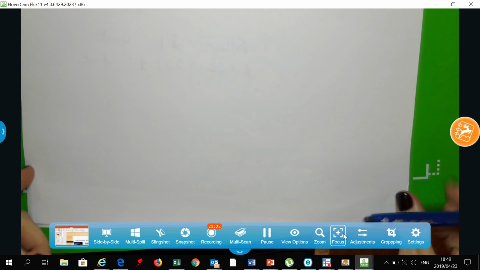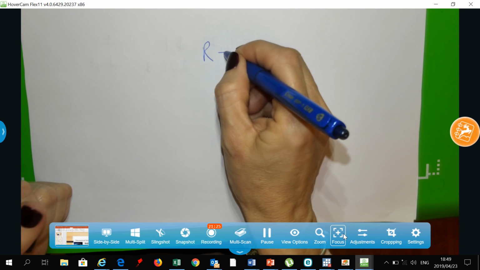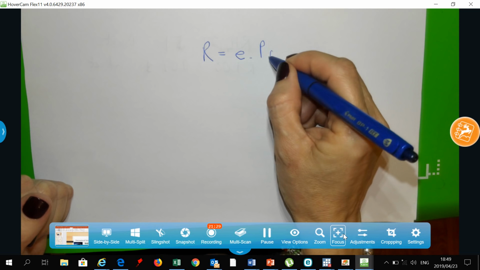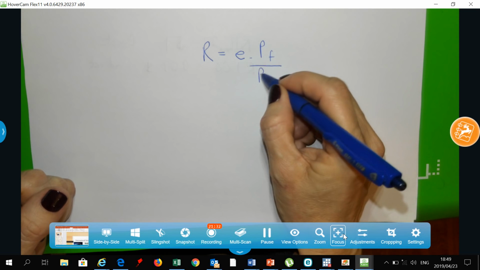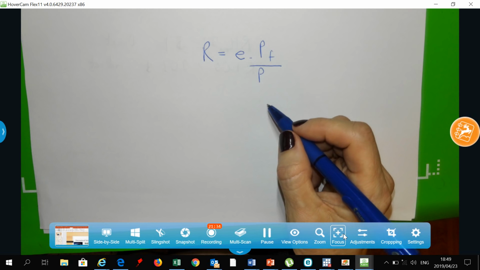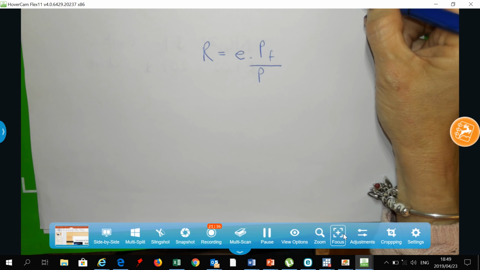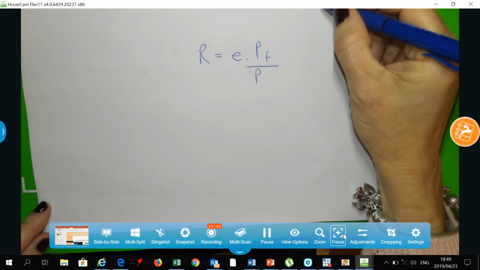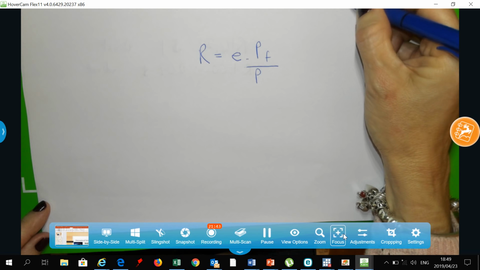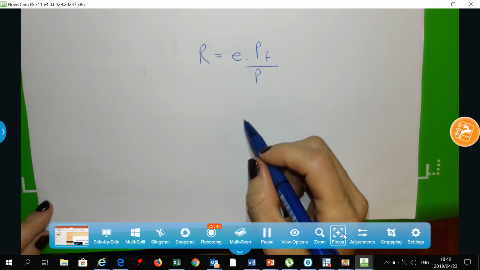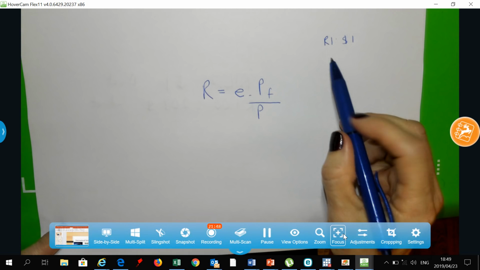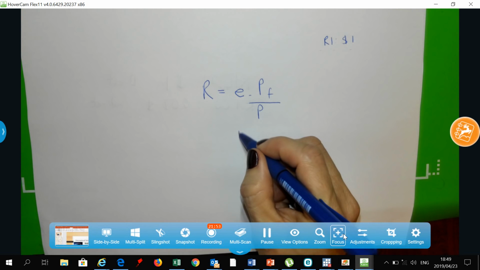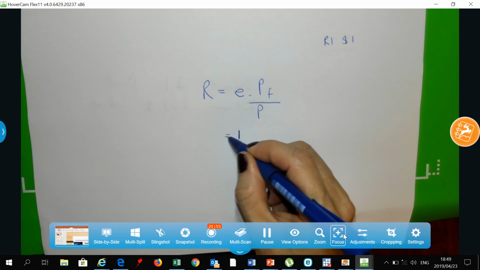Let's say the real exchange rate is equal to the nominal exchange rate times the foreign price level over the domestic price level. And let's say, to keep things simple, your nominal exchange rate is 1:1. So 1 rand buys you, say, $1. So I'm just going to put 1 there for your nominal exchange rate.